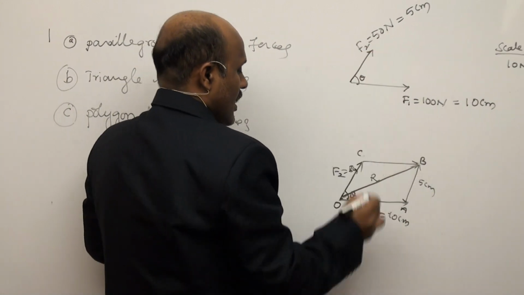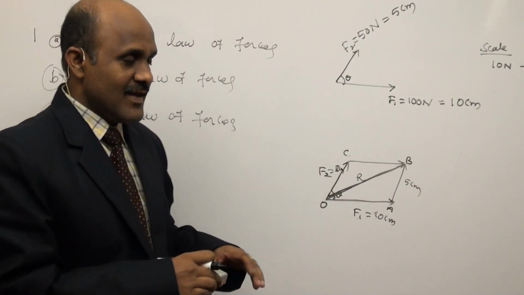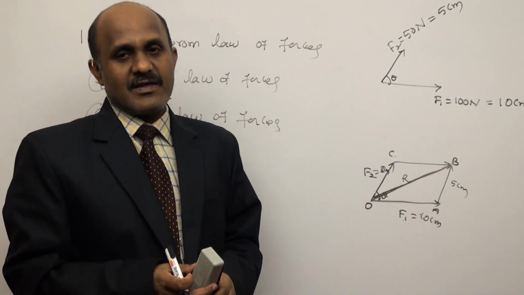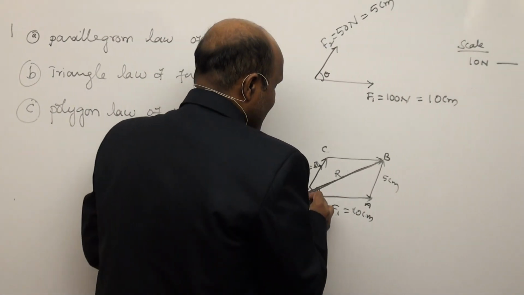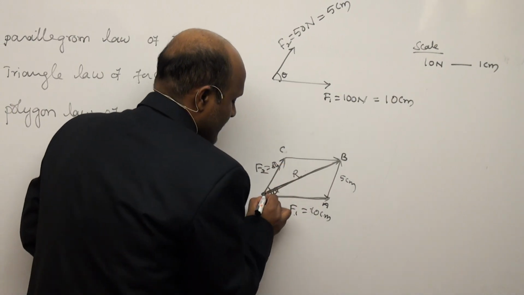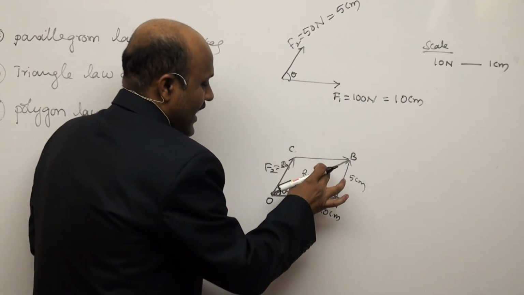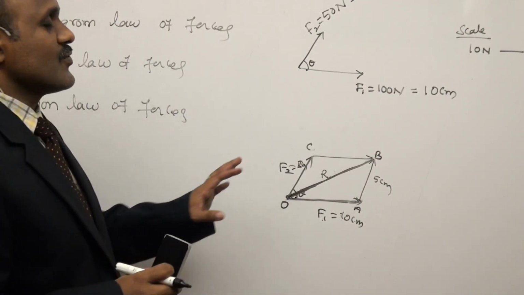By joining this point, we get the resultant of these two forces. The diagonal passing through the point where both forces are concurrent represents the resultant of these two forces.